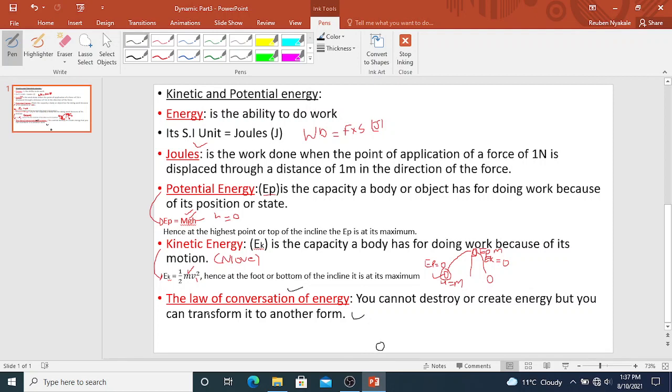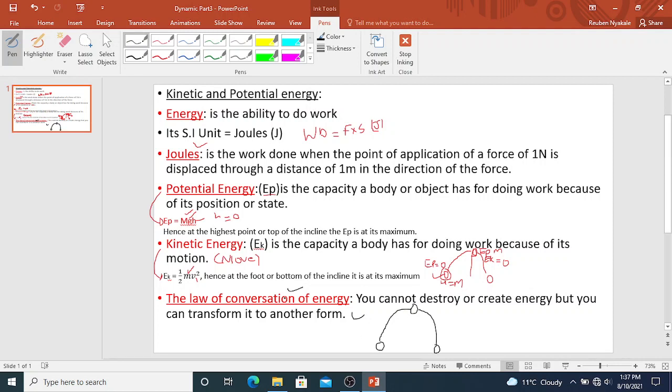What do they mean? You can't destroy it, you can't create it, but you can only transfer or convert it. You have the stone at the foot of the incline, or at the thrower's hand. Then the thrower throws the stone, then the stone comes back to the ground or to the thrower's hand.